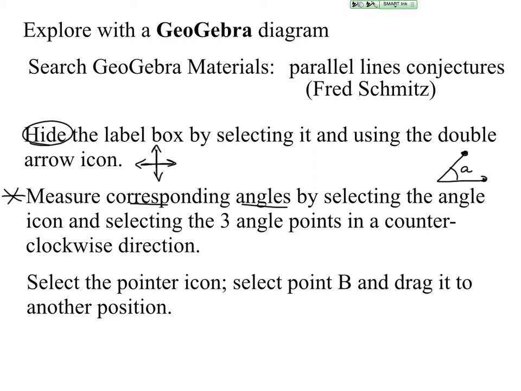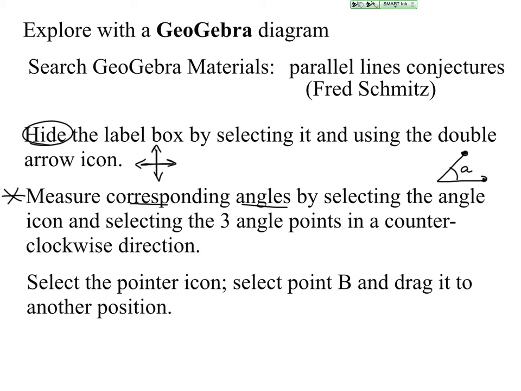If you pick that, you are able to select an angle. Now, if you read your directions down at the bottom, it's telling you to select the points. What I found is you have to select the 3 points in a counterclockwise direction. Otherwise, it goes a long way around. And if it does the wrong one, just undo it and hit the points again.